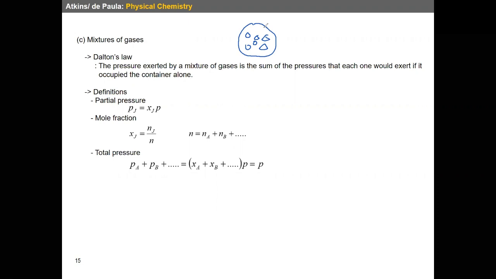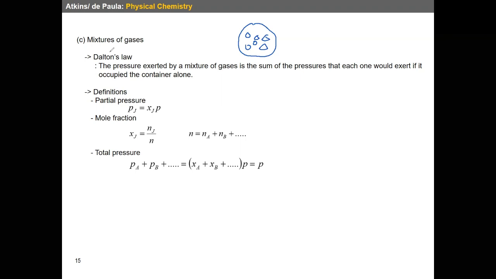The important thing to understand about the state of gases in a mixture is Dalton's law. We have to understand how the mixture of gases react together, and how that results in some physical state of the mixture.